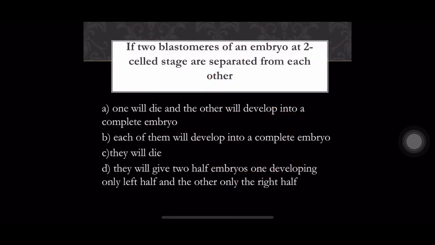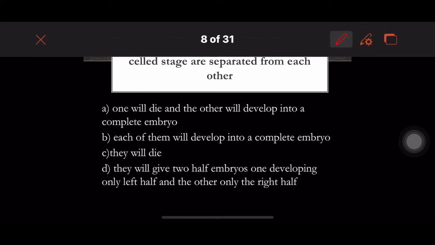If two blastomeres of an embryo at two-celled stage are separated from each other: one will die, other will develop into a complete embryo; each of them will develop into a complete embryo; they will die; or they will give two half embryos, one developing only the left half and the other only the right half. We are talking about the two blastomeres which are formed from the zygote after first cleavage.